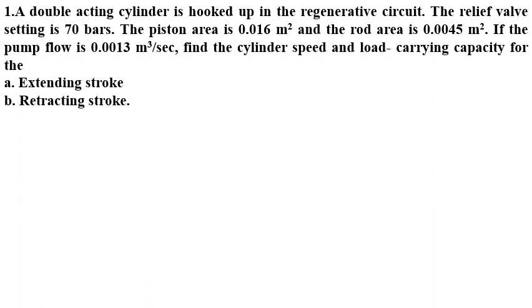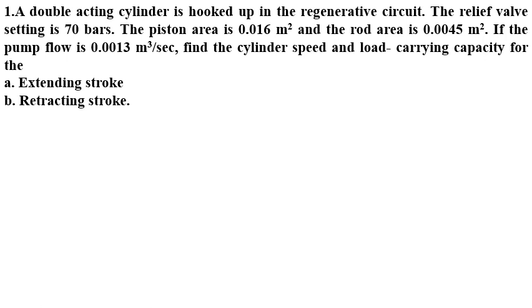Take one numerical. A double acting cylinder is hooked up in the regenerative circuit. The relief valve setting is 70 bars. The piston area is 0.016 meter square and the rod area is 0.0045 meter square.